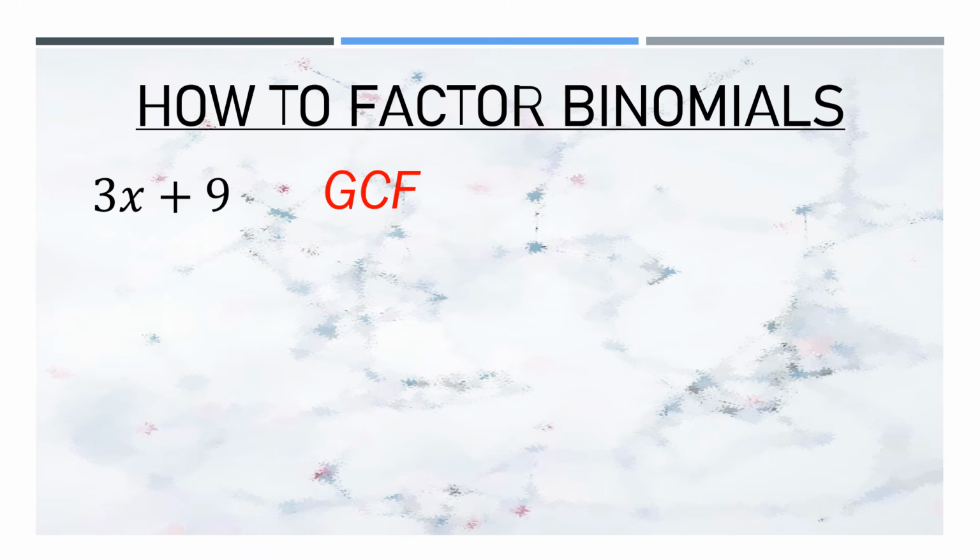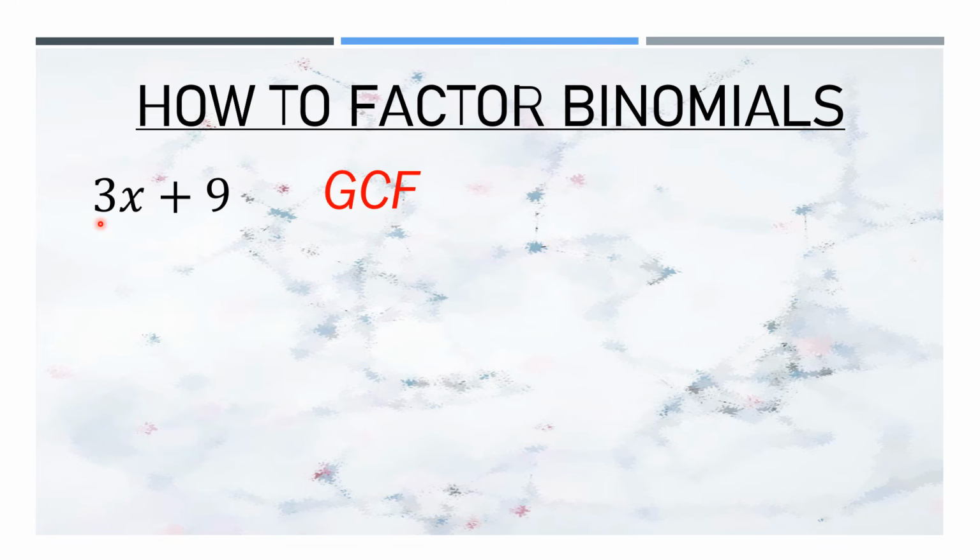Ano yung factor na parehong meron, o ano yung pinakamalaking factor na parehong meron sa 3x at positive 9? As you can see, ang 3 ay pwedeng i-divide sa 3. Ang 9 ay pwede ring i-divide sa 3.